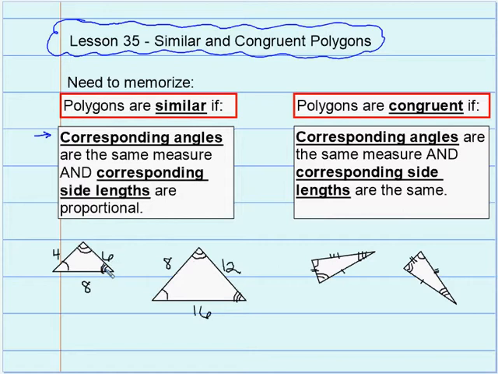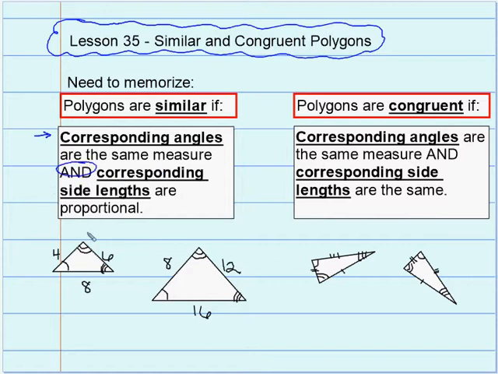And the angle on the right has 3 marks, and that matches up with the other angles that have 3 marks. So I know that all of the angles are the same measure, so they're congruent.